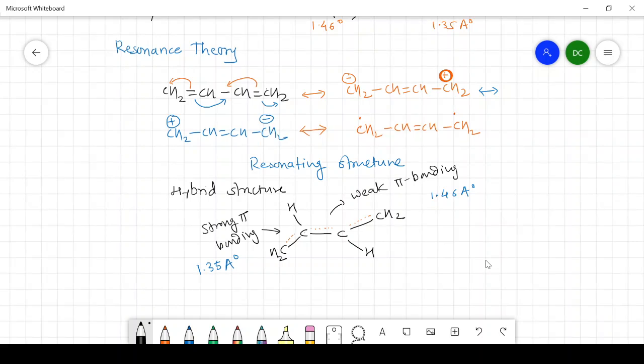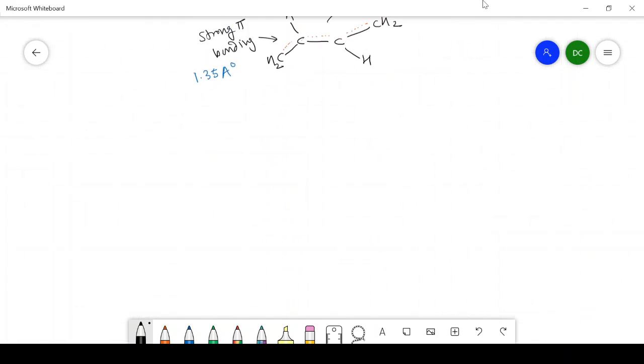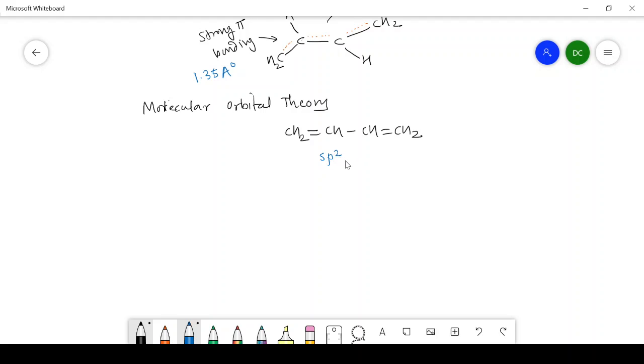And in molecular orbital theory, the hybridization of carbon present in butadiene. Once again, I will write the example here. Butadiene has 4 carbons, and all the 4 carbons are in a sp2 hybridization state.